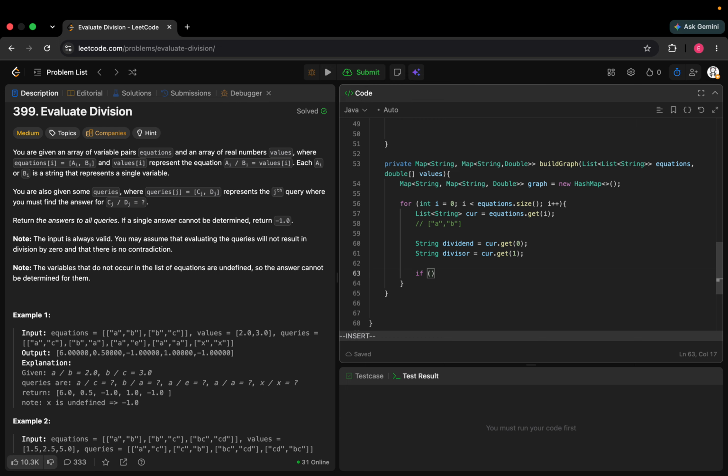So we have to check if the graph didn't contain those of them, we have to create a new map. And graph.